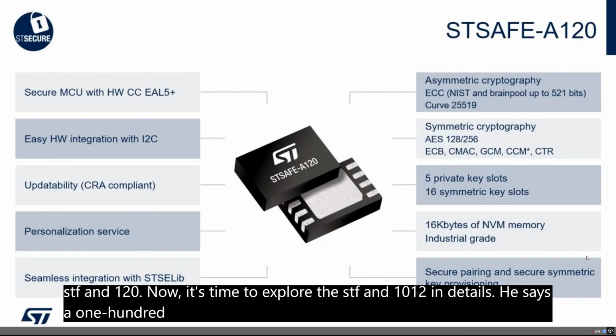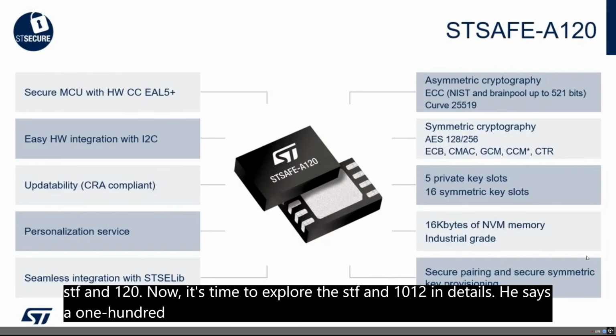For those who are familiar with cryptographic algorithms, let me add that STSAFE-A120 comes with enhanced cryptographic features. It supports ECC curves up to 521 bits for both NIST and Brainpool curves, as well as the Edwards curve 25519 for the asymmetric part.